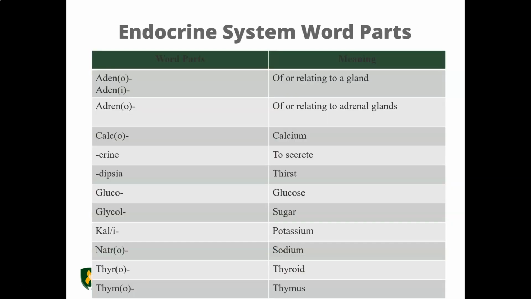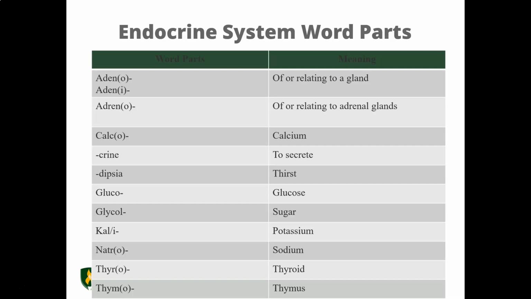Some word parts that will be associated with the endocrine system are adeno or adeni, depending on what it's connected with. So that means relating to a gland. Adreno means that it's relating specifically to the adrenal glands. Calci, which is calcium, that's going to be dealing with the parathyroid hormone. The suffix crine means to secrete.